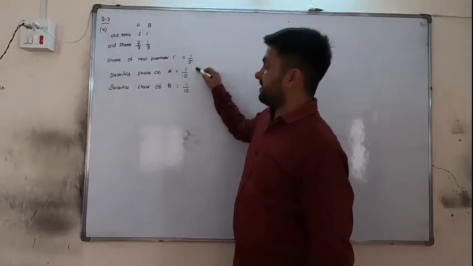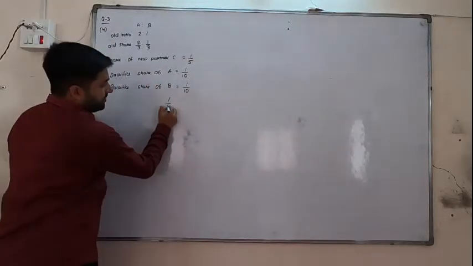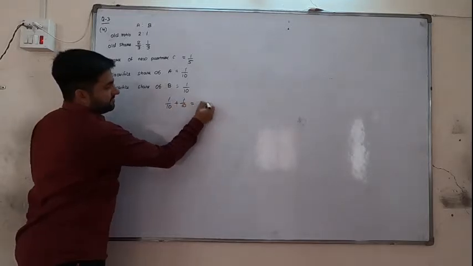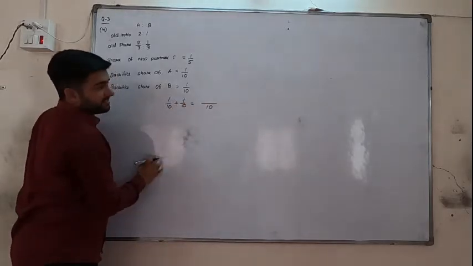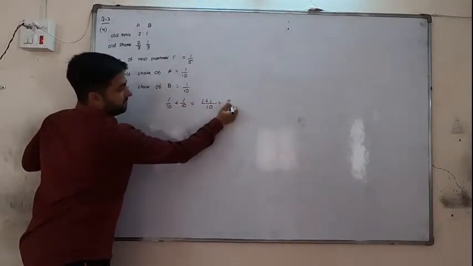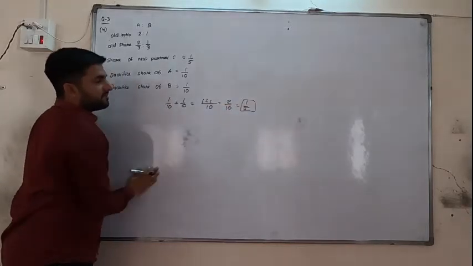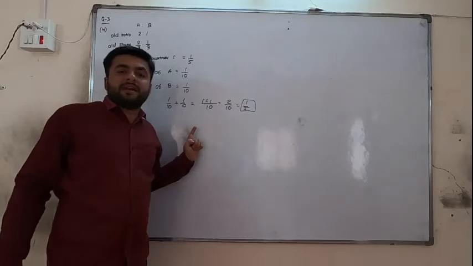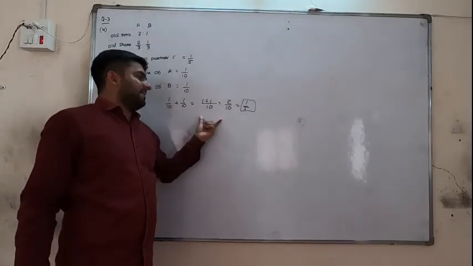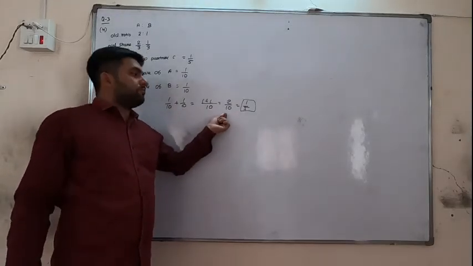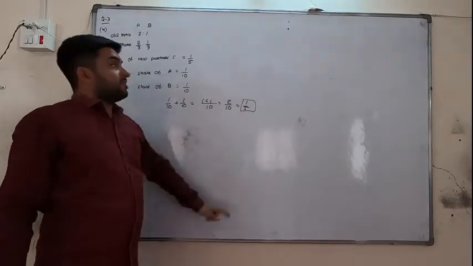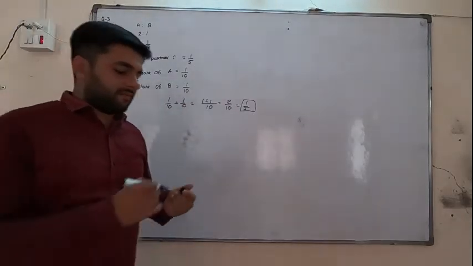See, 1/10 plus 1/10, 10 is common because denominators are same. So 1 plus 1, 2/10, and if you cut it, 1/5. Share of new partner is 1/5, and A and B are giving 1/10, 1/10, so it will be 2/10, and 2/10 cut is 1/5. So we can recheck it.